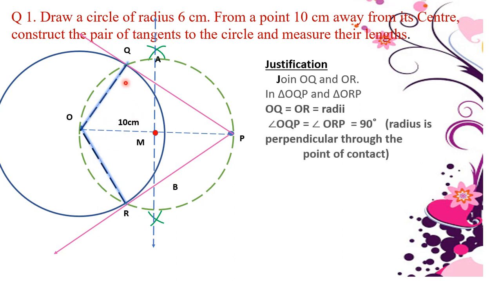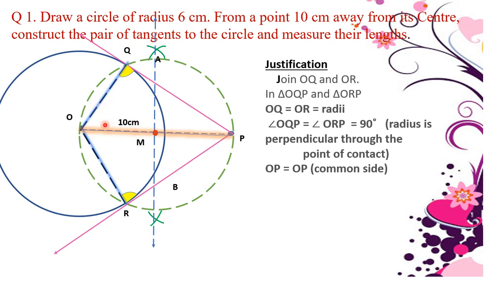Similarly, angle Q and angle R are both equal, as we know that the radius is perpendicular to the tangent at the point of contact. That means these two angles Q and R are 90 degrees, and the last, OP, is common to both the triangles. So this is 90 degrees, this becomes the hypotenuse, and this is one of the sides.